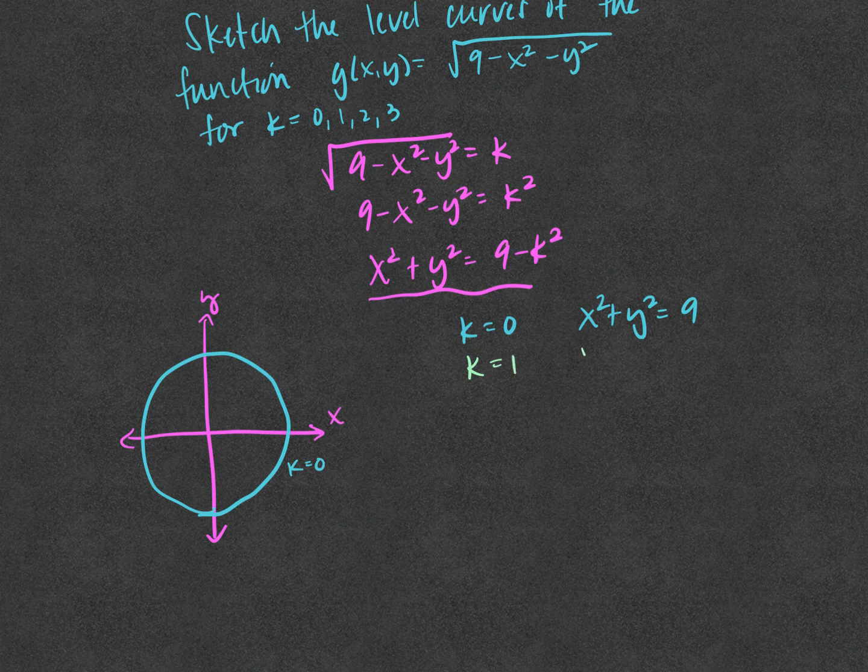When k equals 1, we have x squared plus y squared equals 8, which is 2 square root of 2. But that's not important. That means it's going to be very close to this radius of 3. And this is k equals 1. Let me label this 3.